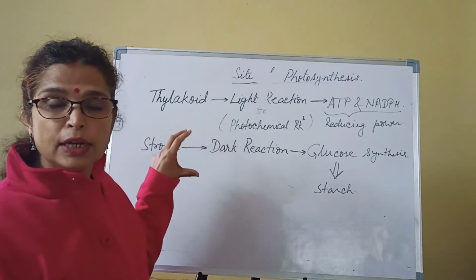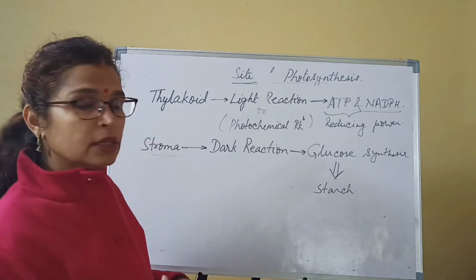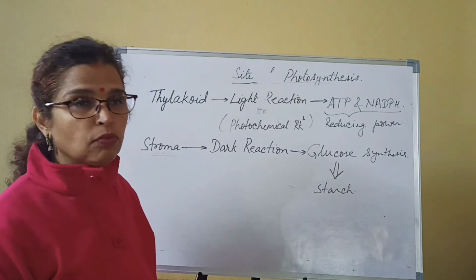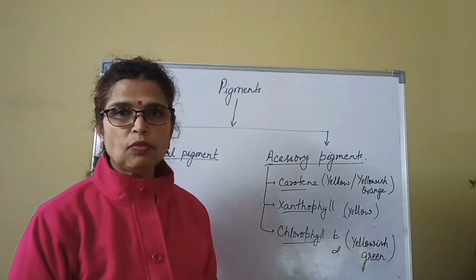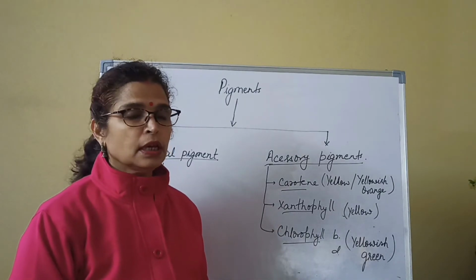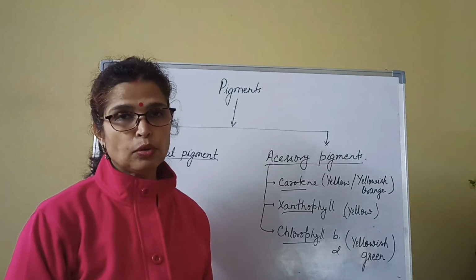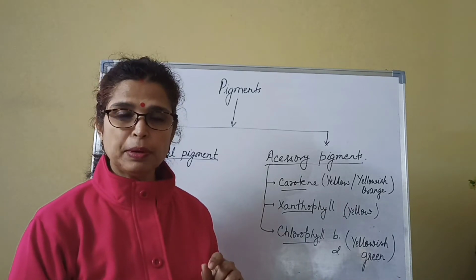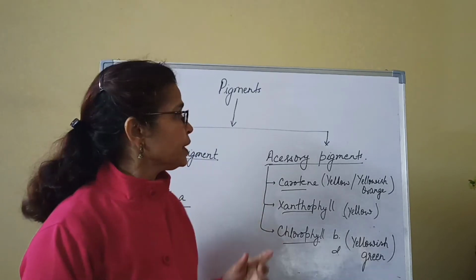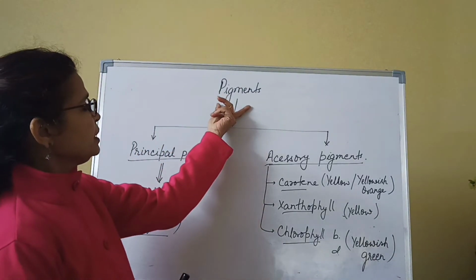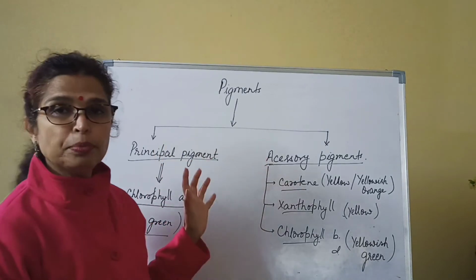After this site of photosynthesis, moving to the next topic, the pigments involved in photosynthesis. Various pigments are involved in photosynthesis. We can see this in paper chromatography. During paper chromatography, we see various types of pigments. Basically, these pigments are divided into two main groups.